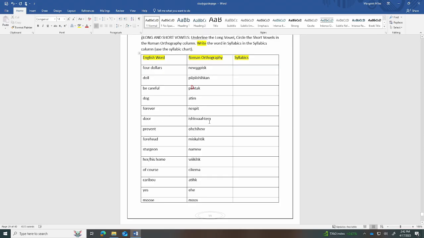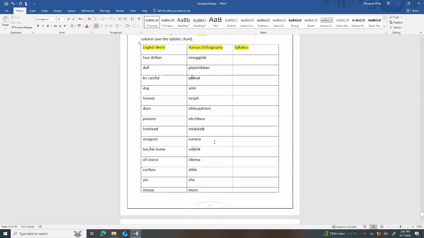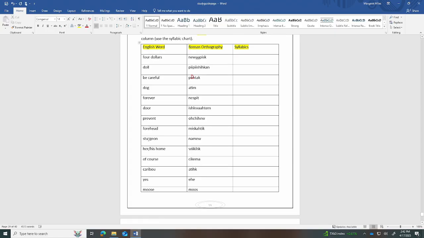Door, Squattem. Prevent, Ustihel. Forehead, Miskatik. Sturgeon, Namel.